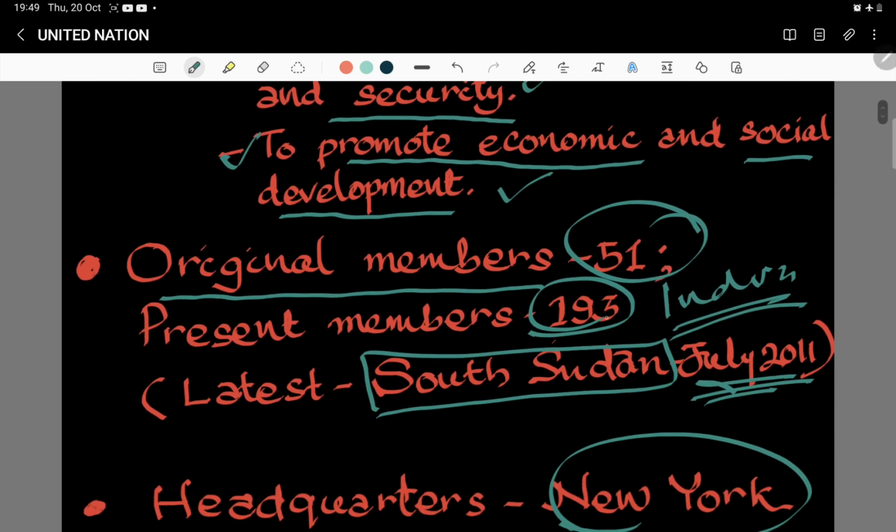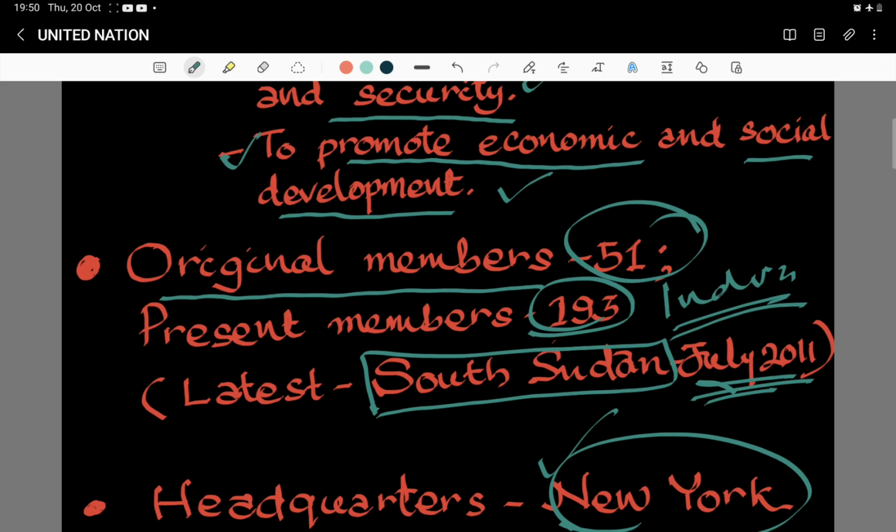Present members: 193 members. India is also a member of the United Nations, and there are 51 original or founding members. Its headquarters is in New York, and the latest addition is South Sudan, in July 2011.